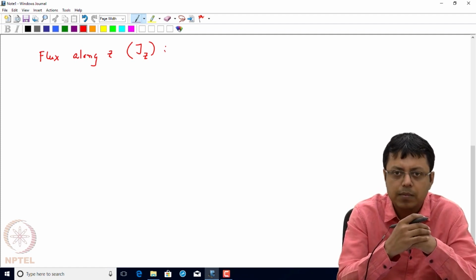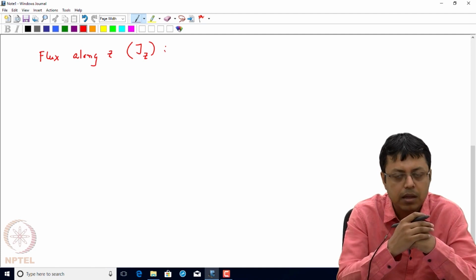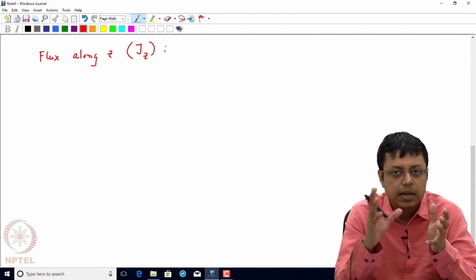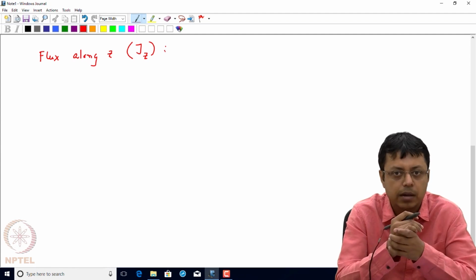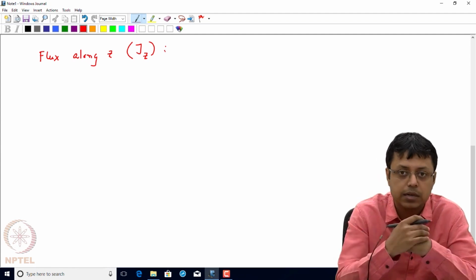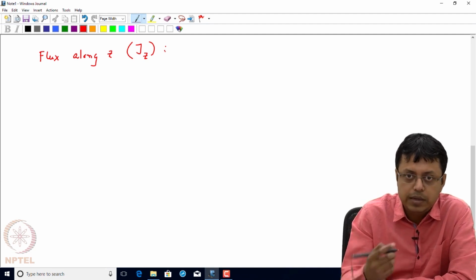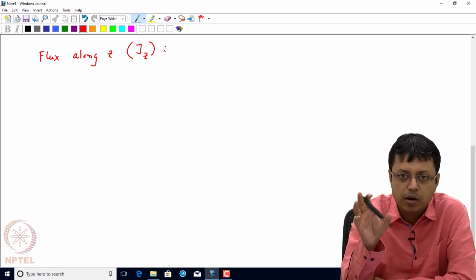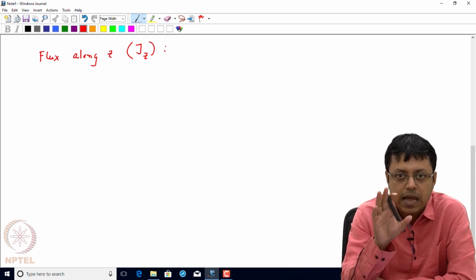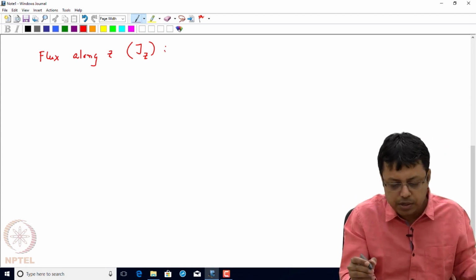Now suppose I have some arbitrary surface in my system, and all I want to calculate is how many molecules are crossing this surface per unit area per unit time, because that quantity is related to the flux. Also, we want a projection of that quantity, because we are only considering the flux along the z axis. Now let us draw a picture.